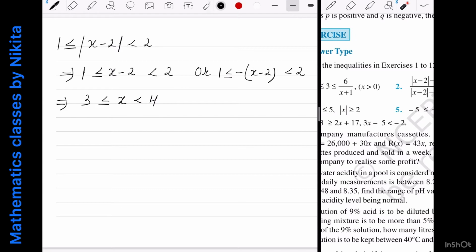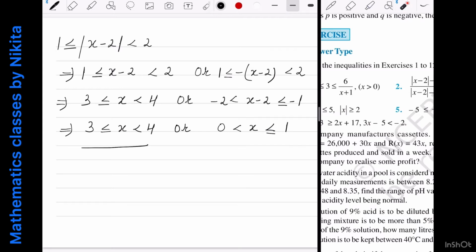I added 2 on both sides, and from here we get that x minus 2 is greater than -2 and less than or equal to -1. So this implies 3 is less than or equal to x is less than 4, or we have 0 is less than x is less than or equal to 1. So this or this.